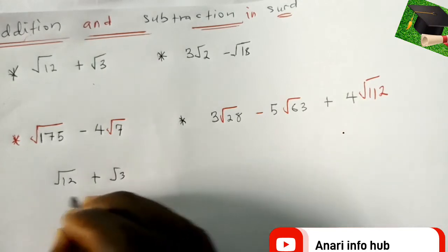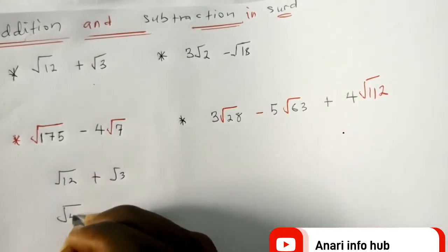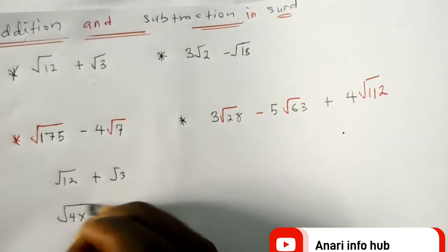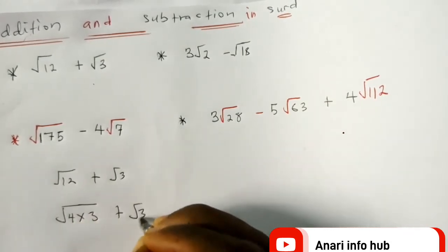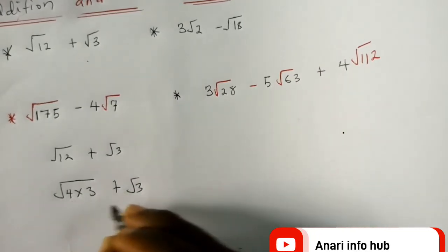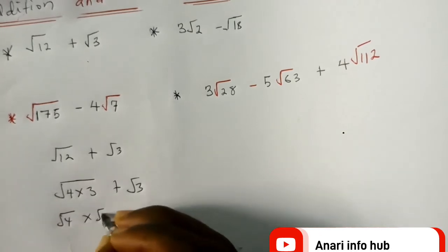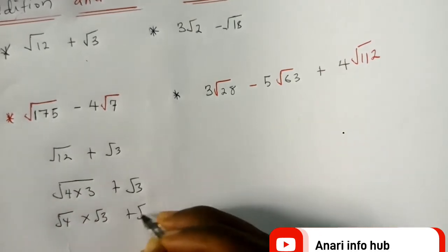Root 12 is simply 4 multiplied by 3, so you can split this to have root 4 multiplied by root 3, plus root 3.